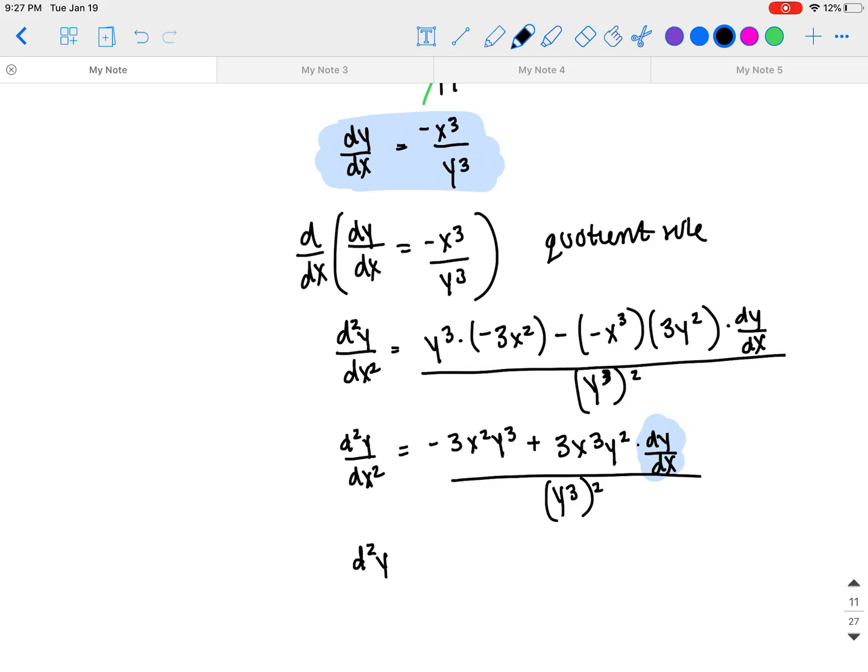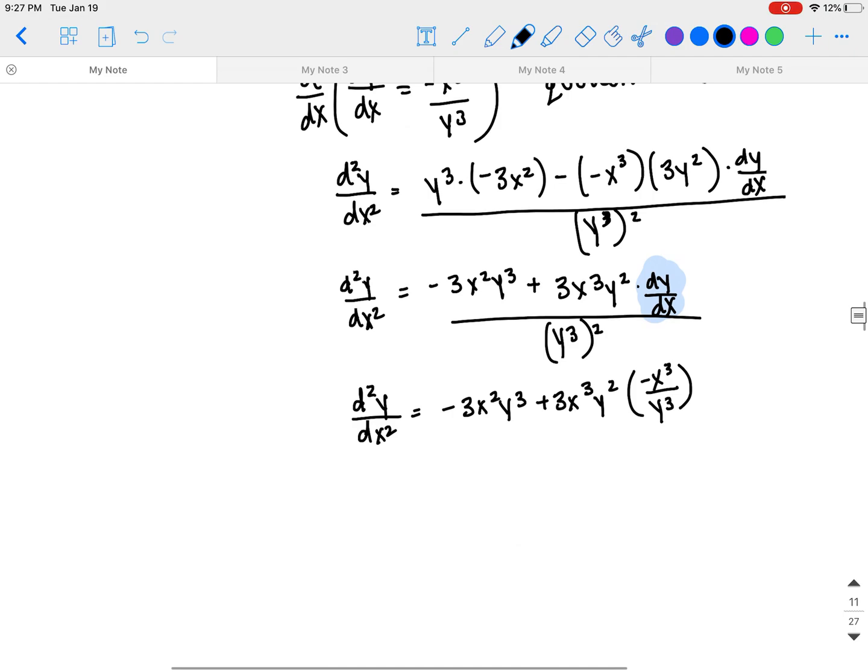So dy dx gets substituted back into my expression. Now I get to substitute in for dy dx: negative x cubed divided by y cubed.